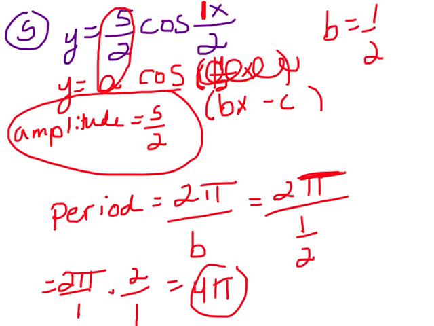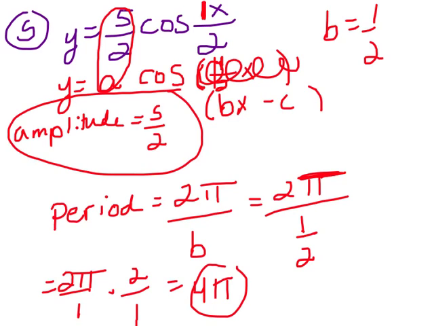So that half there, let's talk about what it's doing to the period, how often this repeats. A small number is going to make it go twice as long. It's longer, right? The graph is climbing slower, so it's really stretching that period out over a longer period of time. So when you see a fraction, it means it's climbing half as much, so it's going to be stretched out wider.